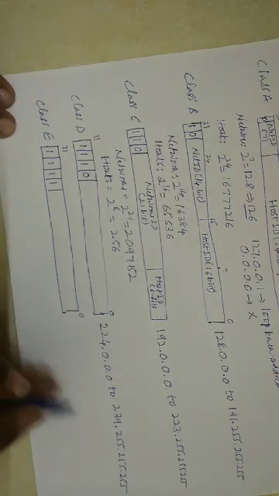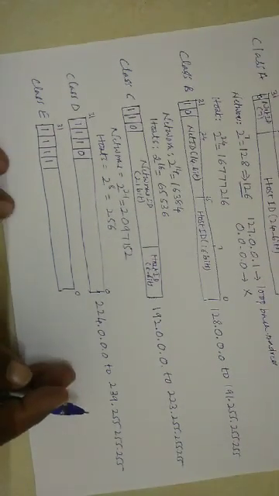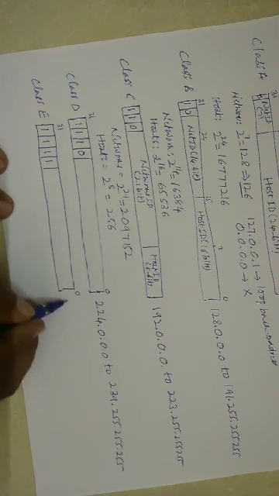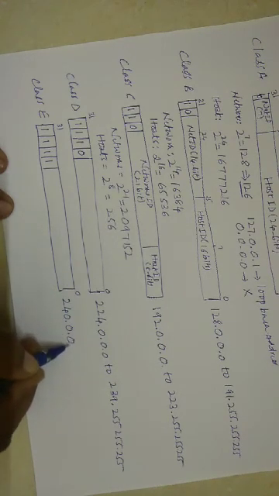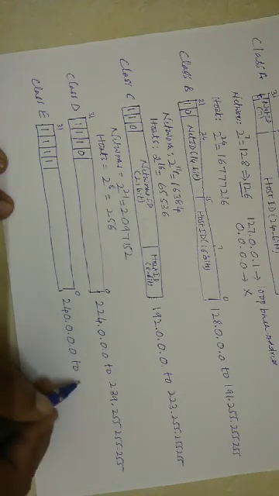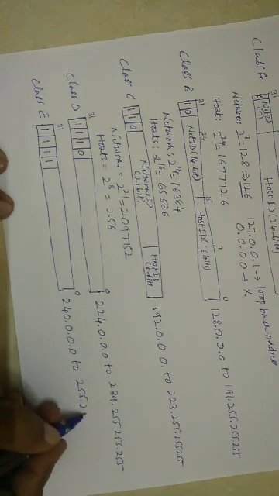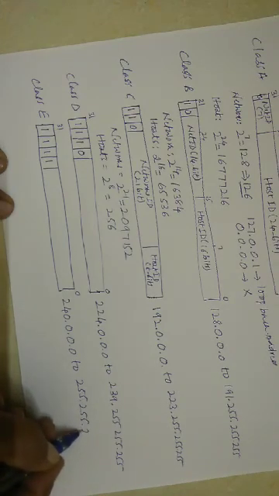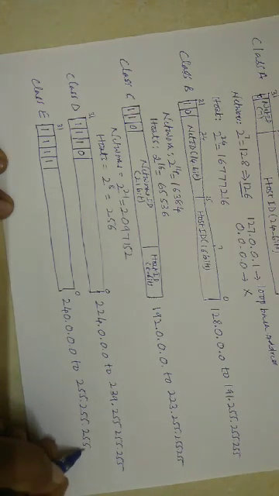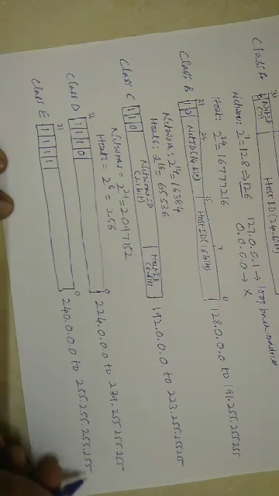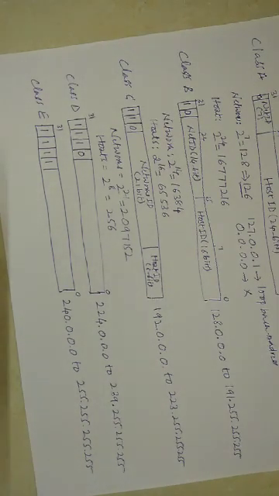The range of class E IP address is from 240.0.0.0 to 255.255.255.255. Thank you.